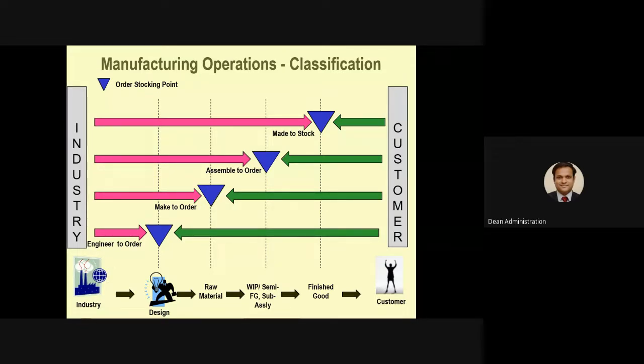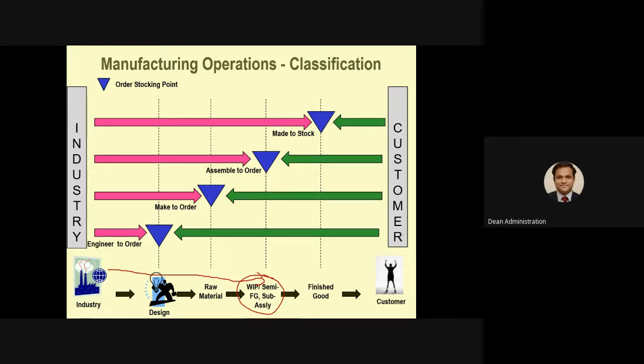The point is you don't take this production right up to finished goods. What you do is you go to the design phase, then the raw material phase, and then you stop the production at this phase, that is work in progress or semi-finished goods or sub-assembly state.